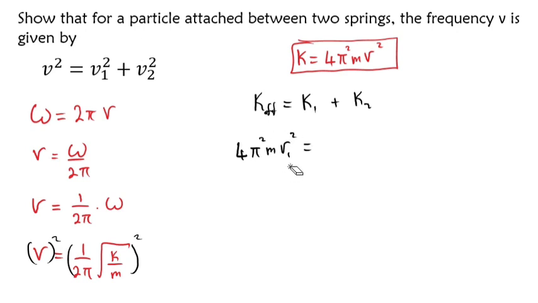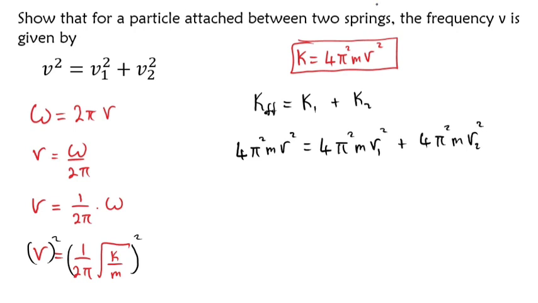This is not 1, but just nu for frequency. Then for k1, I'll do the same thing. So this will be 4 pi squared mass, then frequency 1 squared. Again, I'll repeat the same formula, which will be 4 pi squared mass frequency 2 squared.